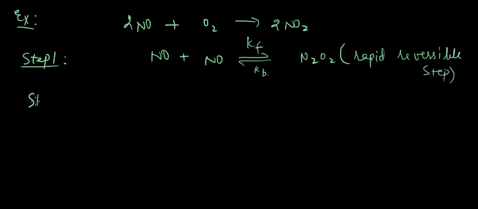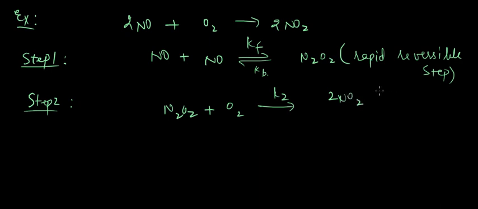The second step is where N2O2 reacts with O2 at K2 to form 2 moles of NO2. This is a slow process.